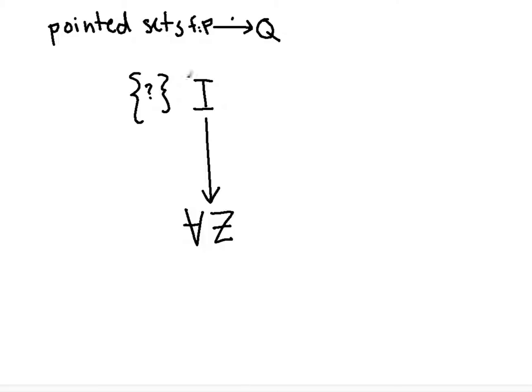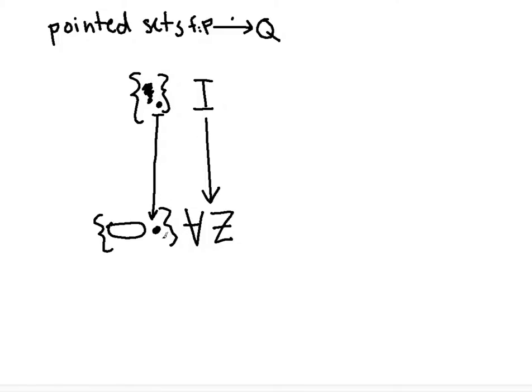Well, this is a pointed set, so it's got to have its special point, and z, no matter how many other elements it has, it too has a special point. And this one has to map to that one. Well, what if we didn't have any other objects here?